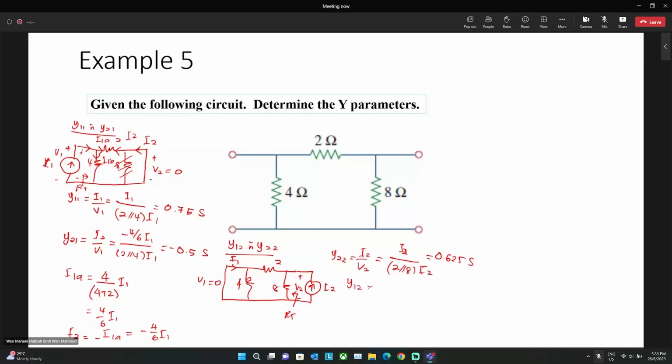Seterusnya Y12. Okay, I1 divide with V2. So V2 sekarang ni saya ambil terus value yang bawah ni. 2 parallel 8 darab I2. So sekarang ni I need I1 in terms of I2. So I1 is here, I2 is here. Kalau ikutkan daripada connection circuit kita boleh ignore 4.